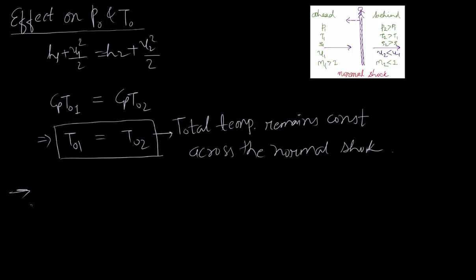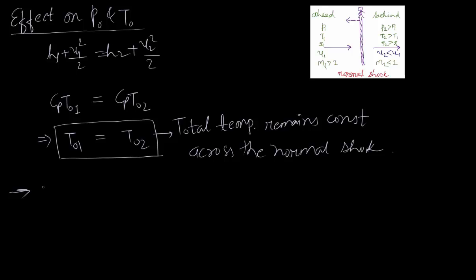Now to find out the effect on total pressure, we know that there is some irreversible process going on inside the normal shock, which is viscous forces are present inside the normal shock, and we know that whenever there are viscous forces present, the total pressure will decrease. Remember, whenever there are some irreversible processes going on, such as friction, then total pressure will decrease.